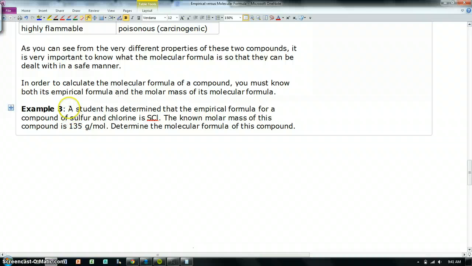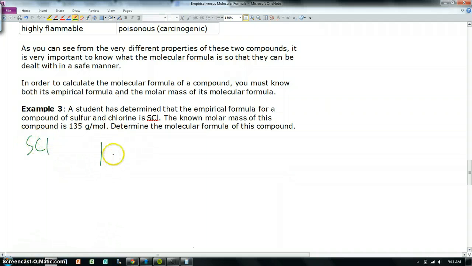So if we look, for example, at a compound with an empirical formula of SCl. That tells us we have 1 sulfur and 1 chlorine. Okay, so now we need to determine the molar mass, the molecular formula. We also know, though, we have a molar mass of 135 grams per mole.